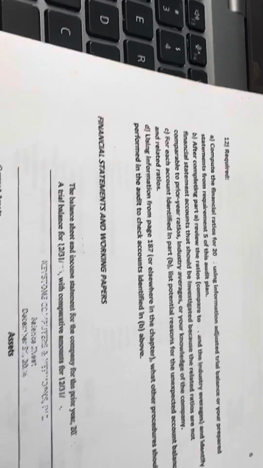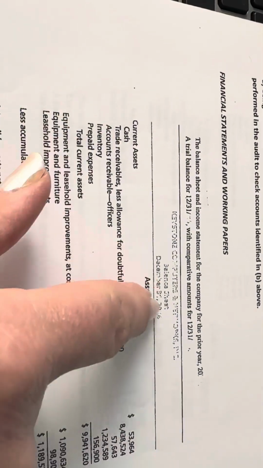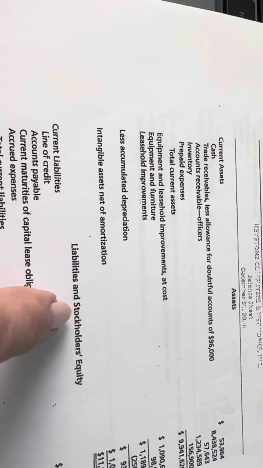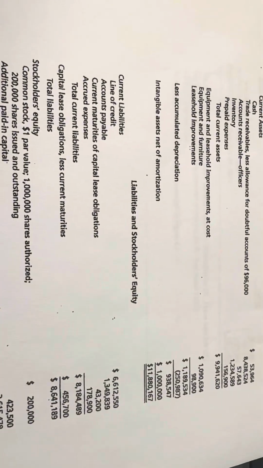On the first page you have a balance sheet from last year, the previous year, and it starts with cash. That's your balance sheet for last year. Liabilities, stockholders' equity coming on down, and if you remember, assets equal liabilities and stockholders' equity.